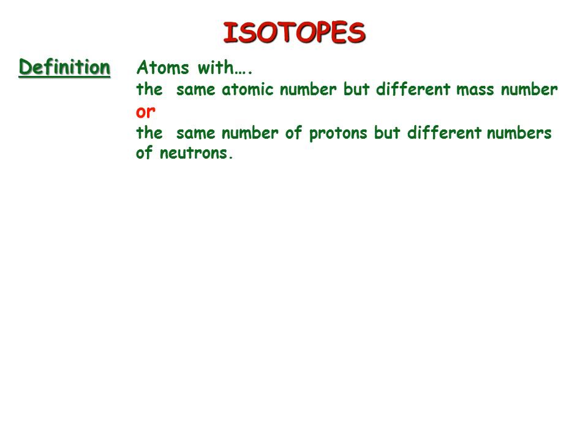For example, in the previous slide we have seen sodium, right? What is the atomic number of sodium? 11. Okay. What is its mass number? Yes, 23. This is the sodium atom.